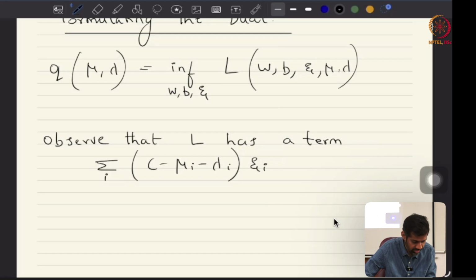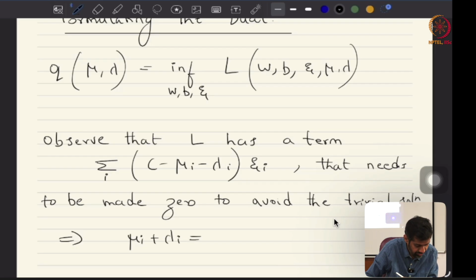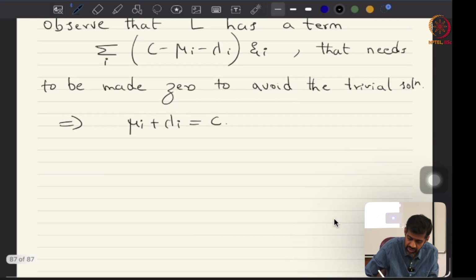We will have to ensure that this term is made 0 to avoid the trivial solution, which implies we have mu_i plus lambda_i equal to C. Correct, right. So with this, now the dual problem will be as follows.